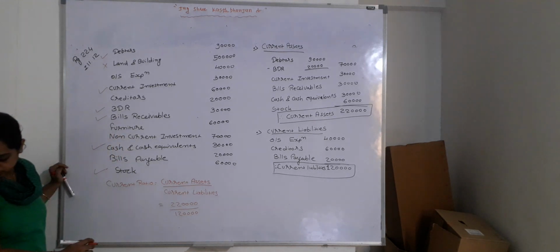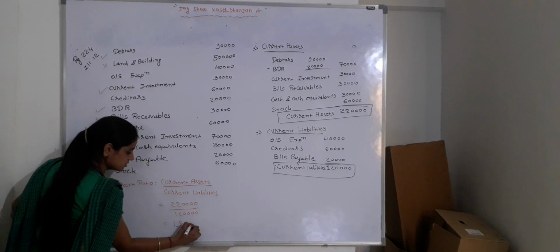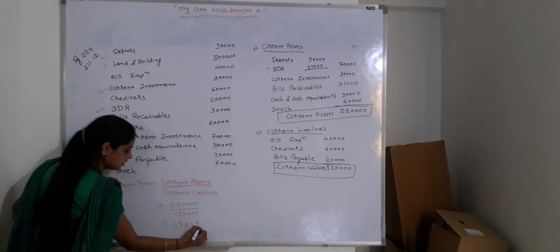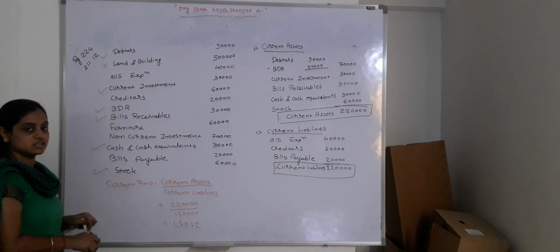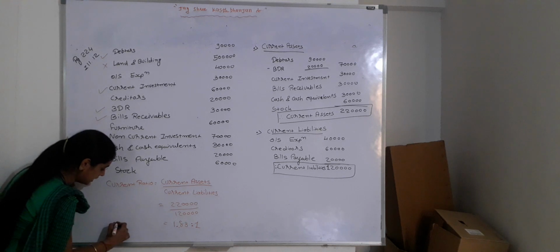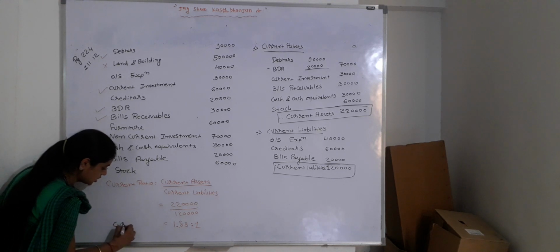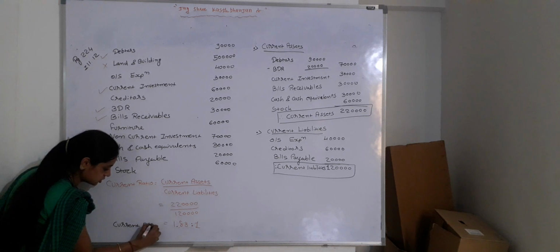And our answer is 1.83 is to 1. We cannot say this is the ideal condition because we don't get the answer 2:1, but we get the answer 1.83. That is good condition, not the best condition.